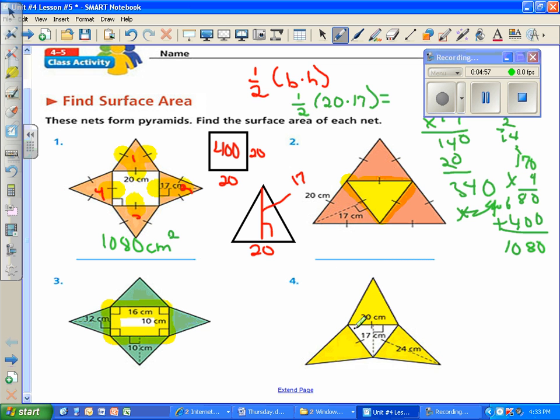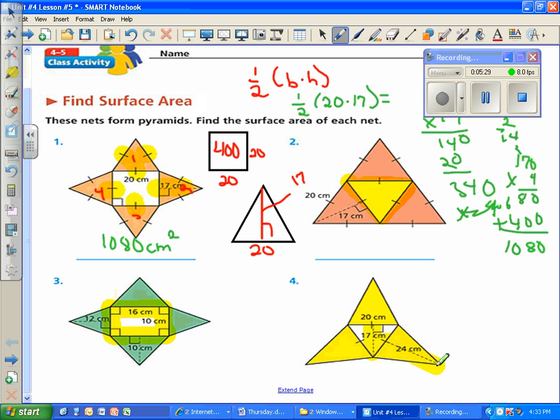Number 4, you have a triangle here, but now again it's different than number 2 because here it's telling you that this one here has a height of 24, but this triangle in the middle looks like it has a height of 17. Now, the base is 20, this base is 20, and that base is 20.